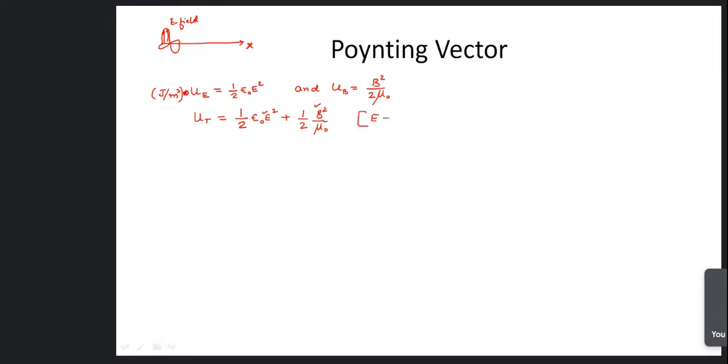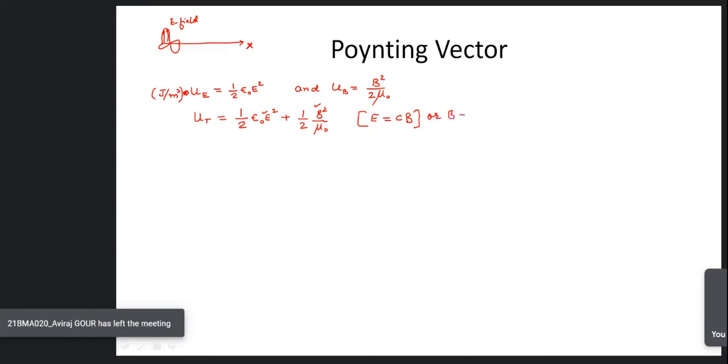We know that E is C times B. What this means is that the magnitude of E is C times bigger than the magnitude of B, and using this relation, I can write that B is E divided by C, or B square is E square divided by C square. So I can replace this B square by E square over C square.